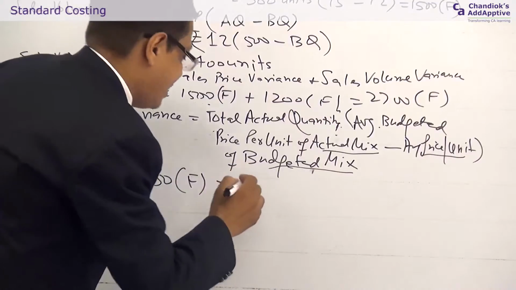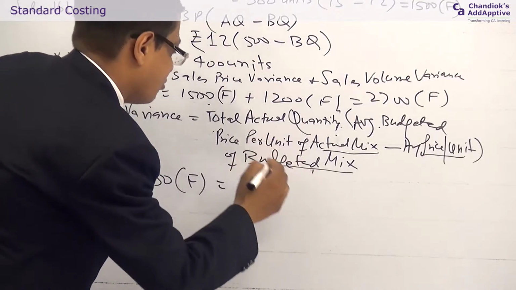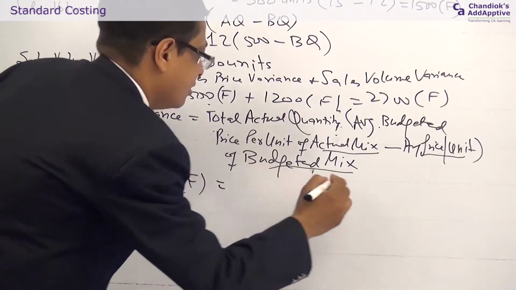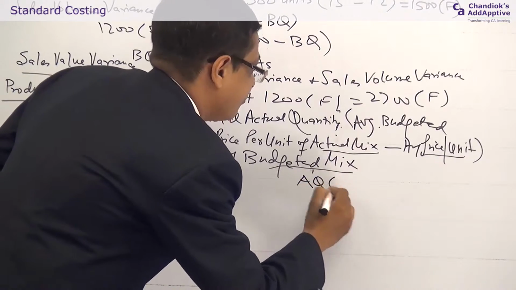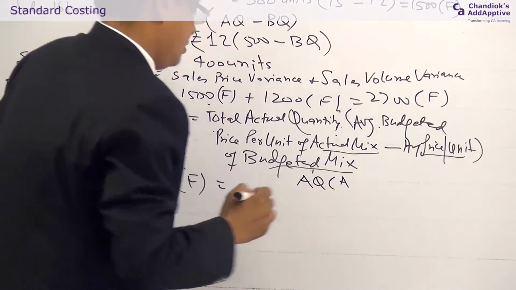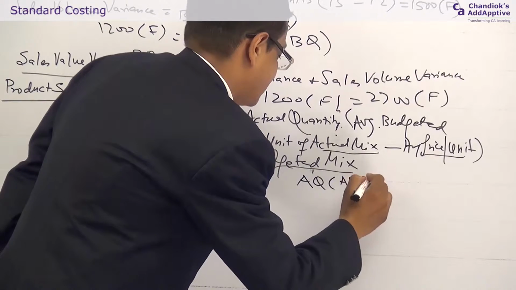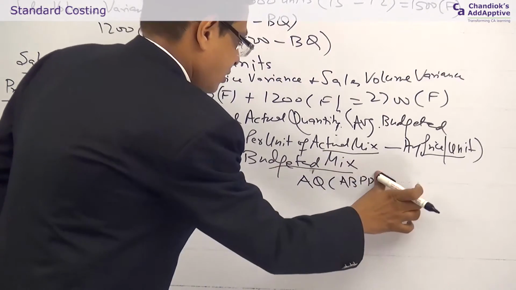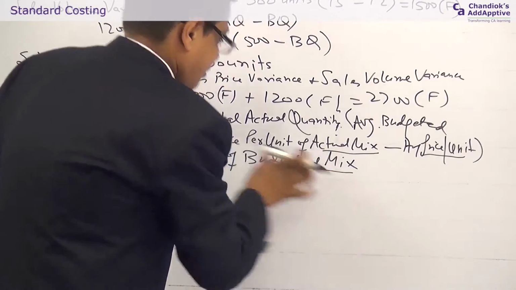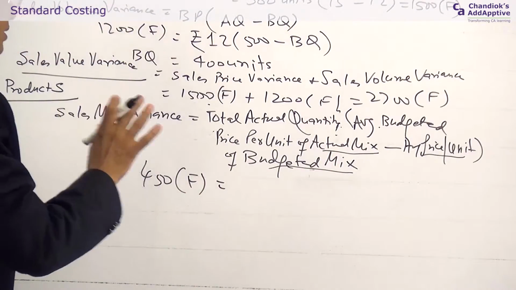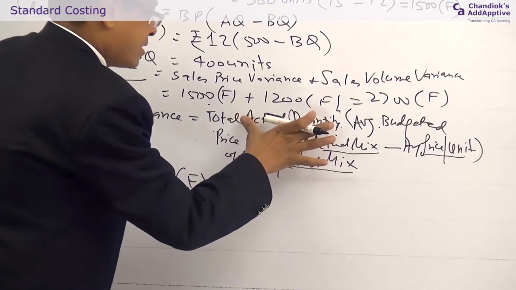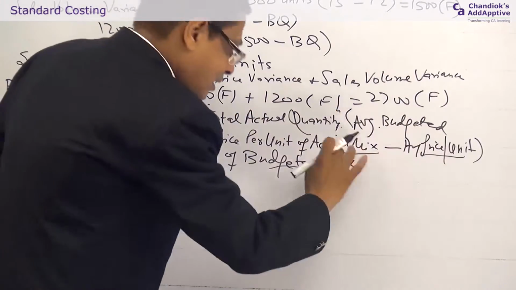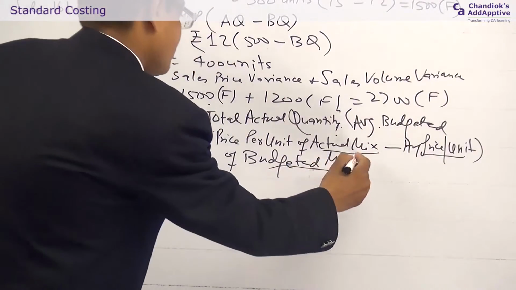So, basically if I have to refine this formula, I can write it like actual quantity into average budgeted price per unit of actual mix. So, do not write it, just understand actual quantity is outside the bracket and other things are within the bracket, right.